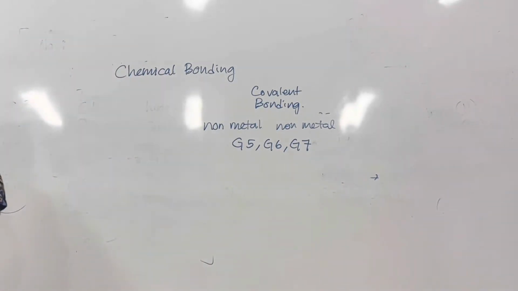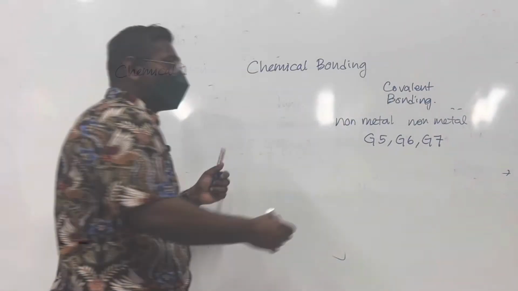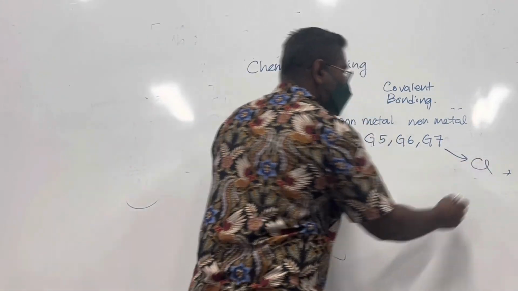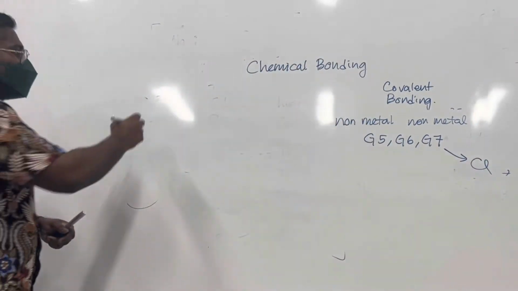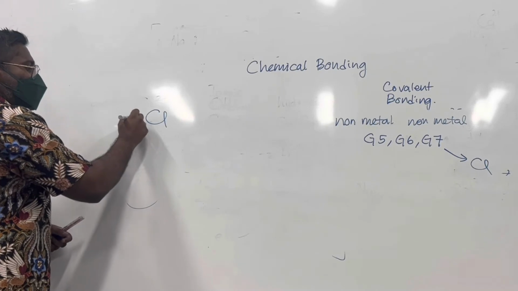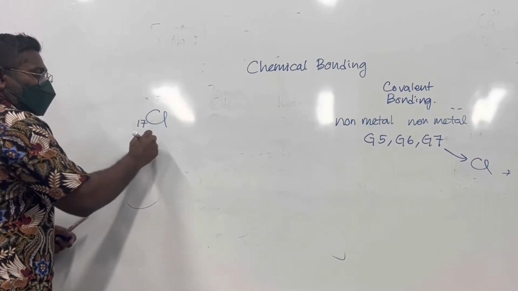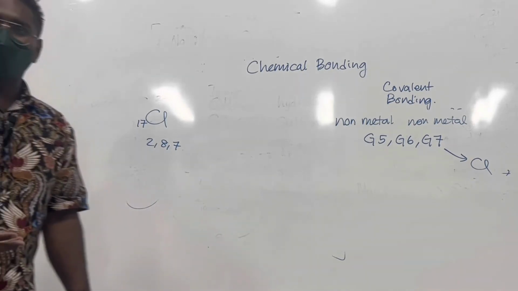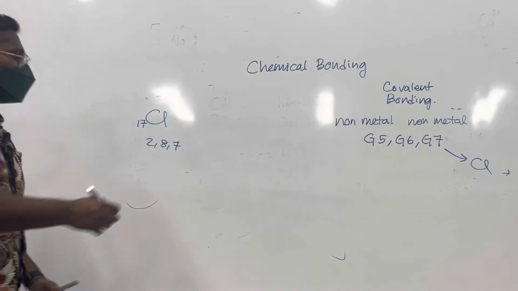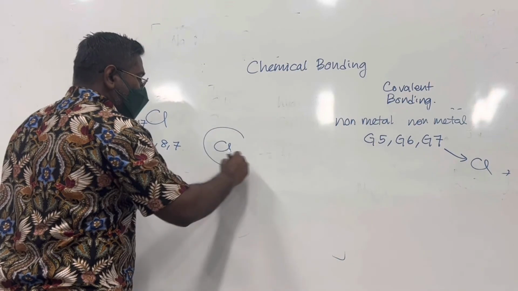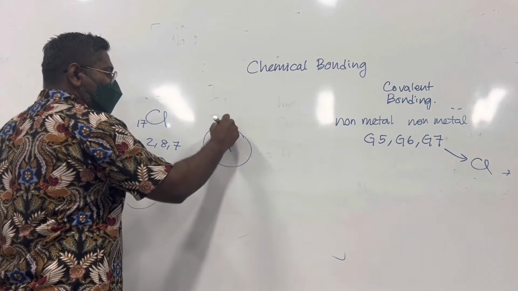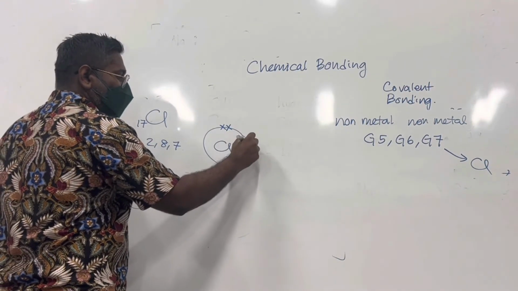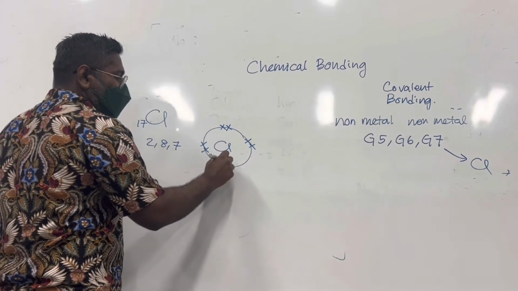Example, let's take from group 7, which is Cl. Cl is going to be 17, so 2, 8, 7. How do I know it's 17? From your periodic table. When I draw the electronic configuration, the outermost electrons, you have 7.